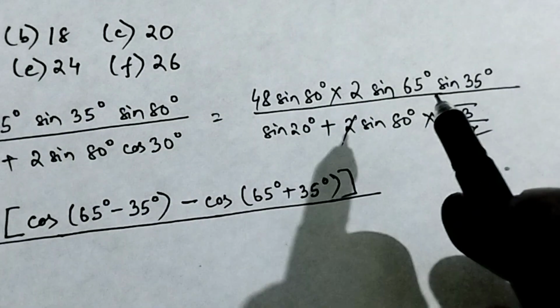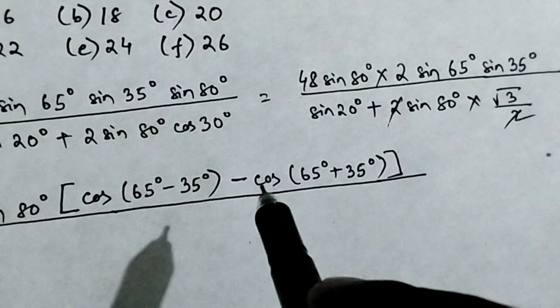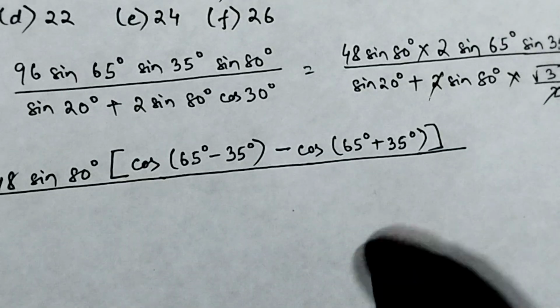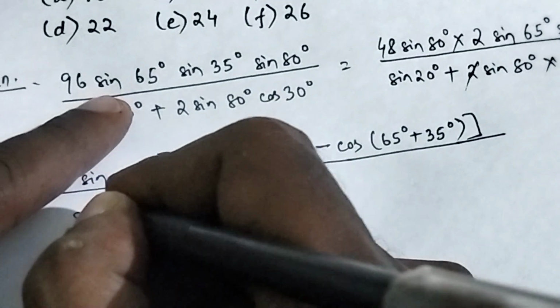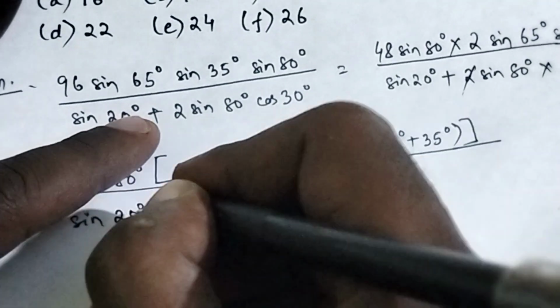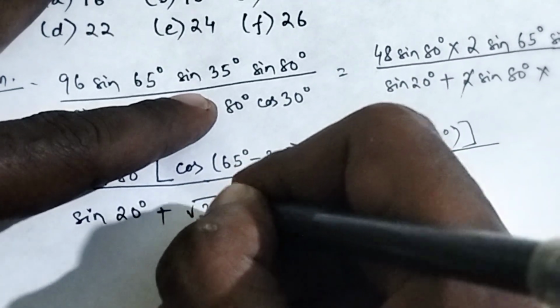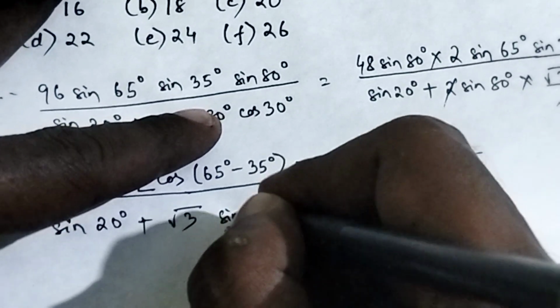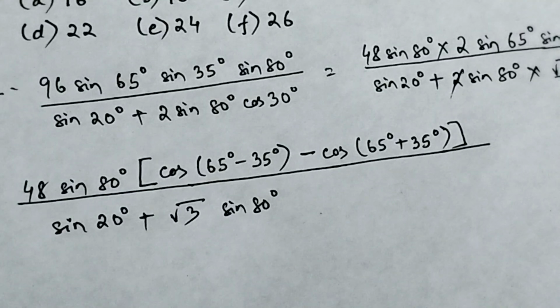Now in the denominator we have sine 20 degree plus root 3 sine 80 degree. Clear?